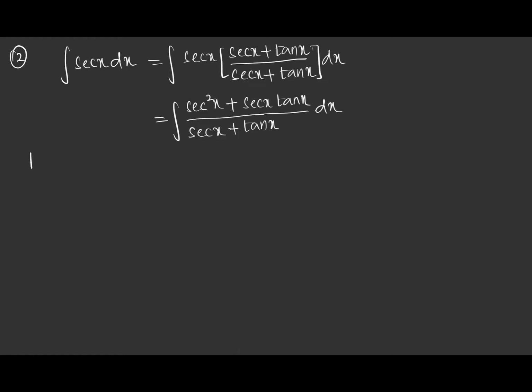Now we need to substitute the transformation. Put the entire denominator, secant x plus tan x, as u, and differentiating, we get du by dx. Here we have two trigonometric identities.